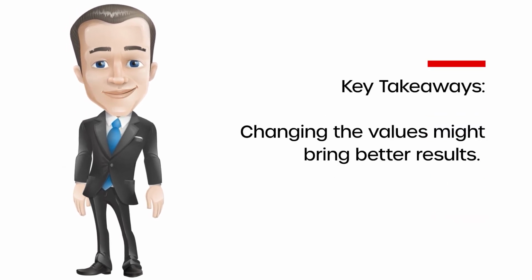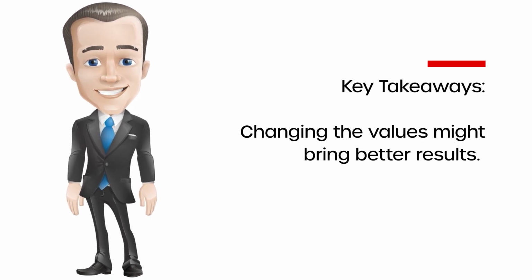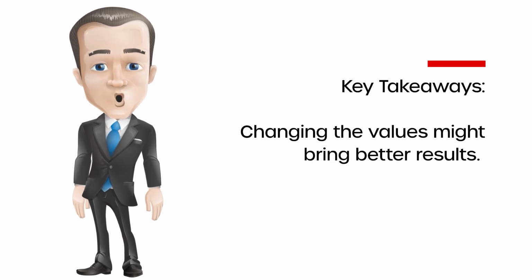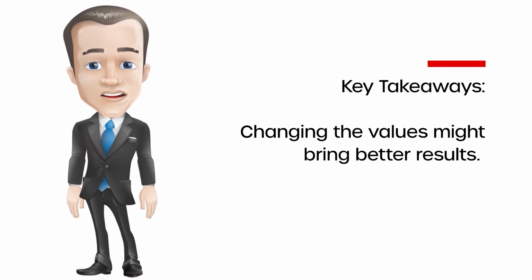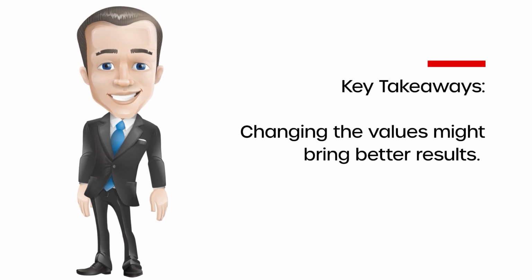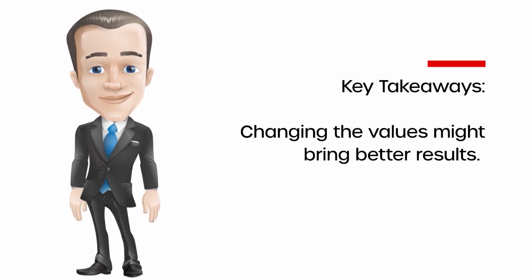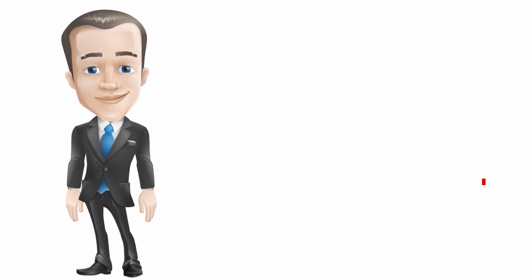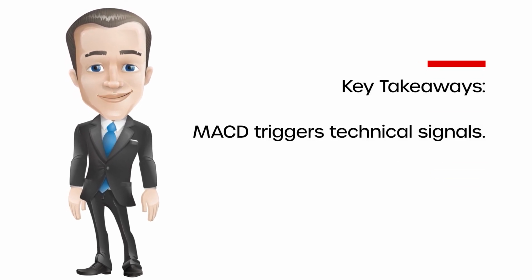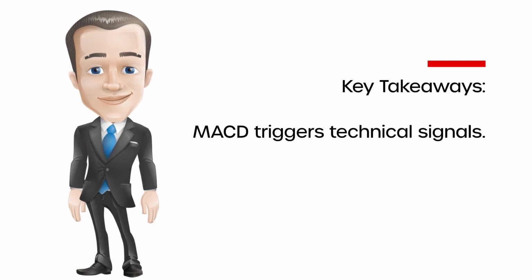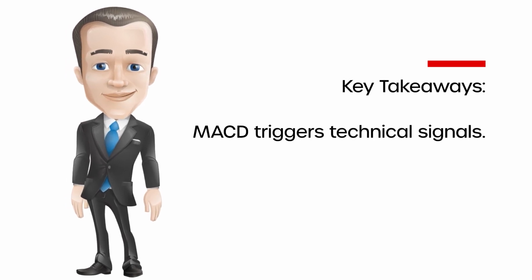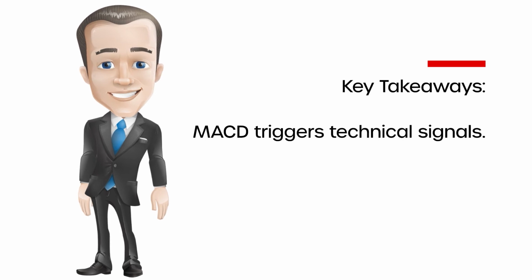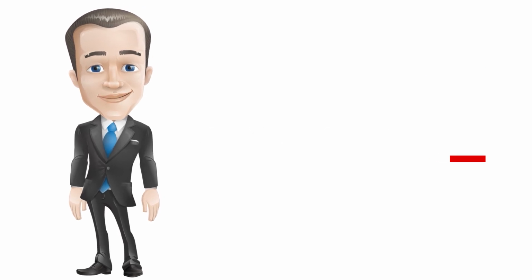Takeaways. Number one, moving average convergence divergence, MACD, is calculated by subtracting the 26 period exponential moving average, EMA, from the 12 period EMA. Changing the values might bring better results. Number two, MACD triggers technical signals when it crosses above to buy or below to sell its signal line.